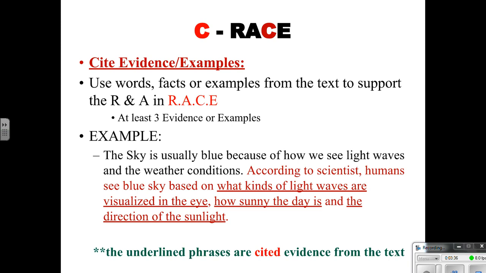So let's look at our example again. The sky is usually blue because of how we see light waves and weather conditions. According to scientists, humans see blue skies based on what kind of light waves are visualized in the eye, how sunny the day is, and the direction of the sunlight. Notice I gave 3 specific examples in one sentence.